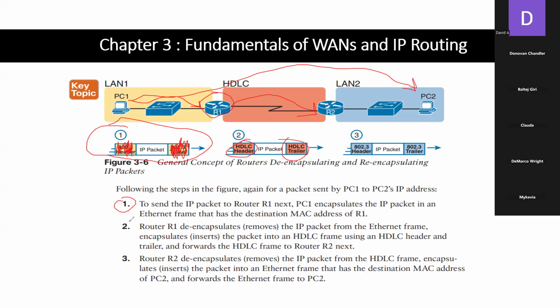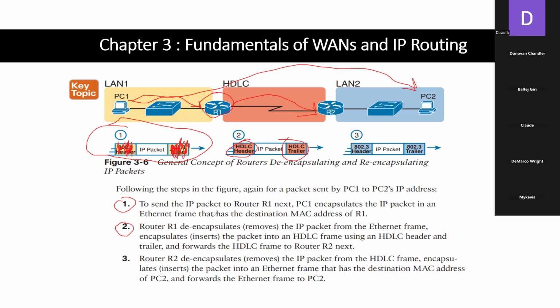So, like I was saying, step 2, router 1 de-encapsulates, or removes, the IP packet from the Ethernet frame coming from LAN 1. It encapsulates, leaving LAN 1 and going into the wide area network. It inserts the packet into an HDLC frame using an HDLC header and trailer, and forwards the HDLC frame to router 2 next.